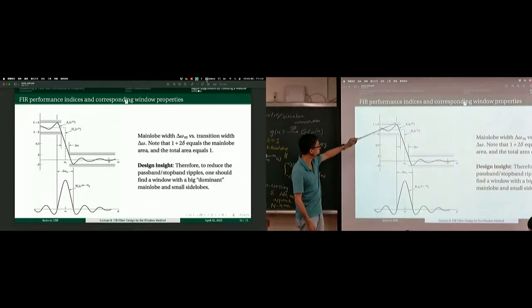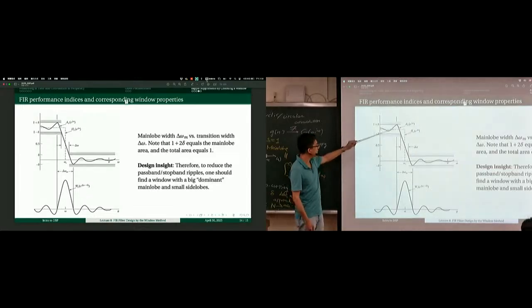Why? Because here the response is monotonically decreasing. The response keeps dropping from 1 plus delta to 1 minus delta, and it reaches plus delta right there at the edge. That's the definition of the edge of the stop band, right? And it keeps dropping to minus delta.